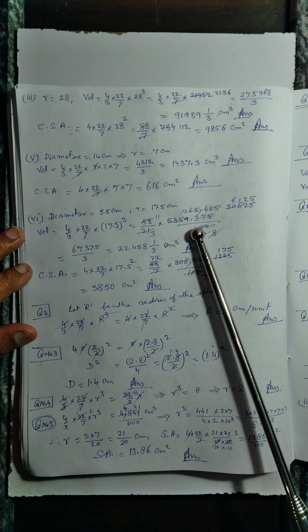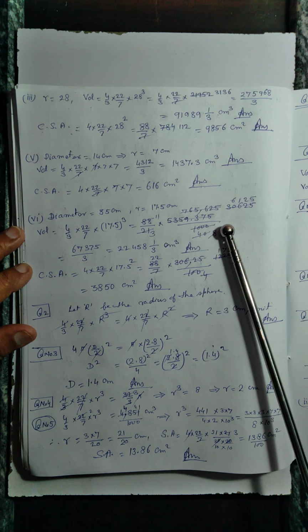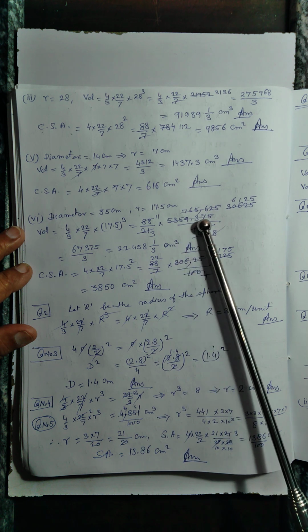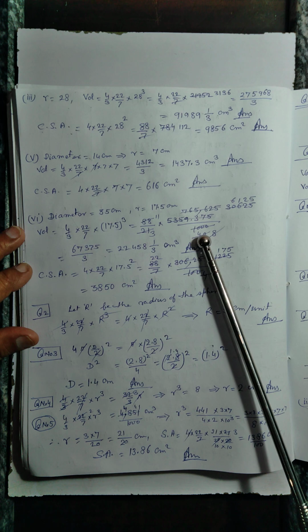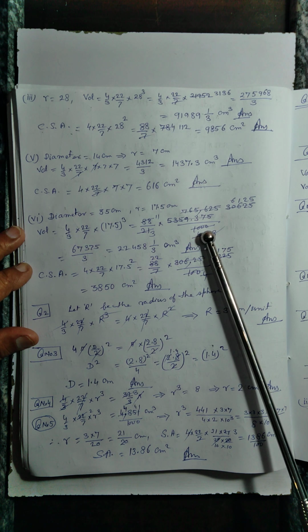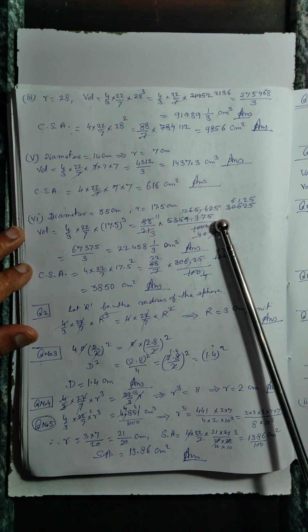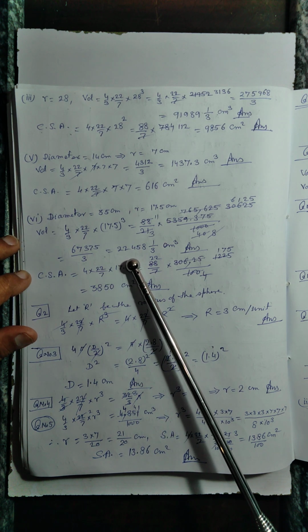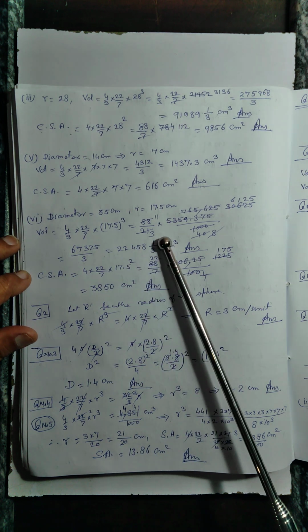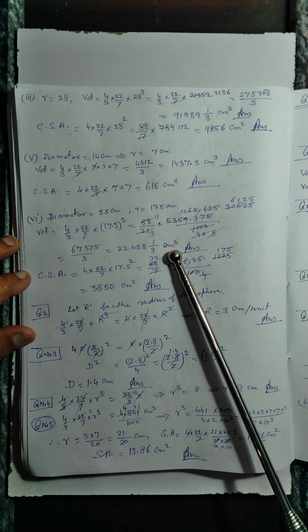So in order to remove this decimal, I have just divided by 1000. Now divided the numerator and denominator by 25 here. So we got this answer, and ultimately the answer will be 22,458 and 1 by 3 centimeter cube.